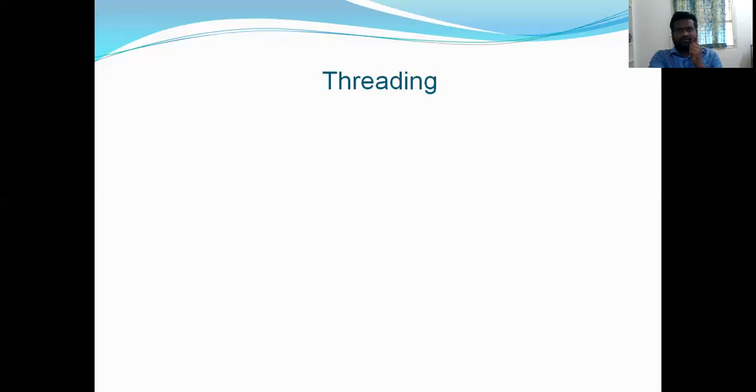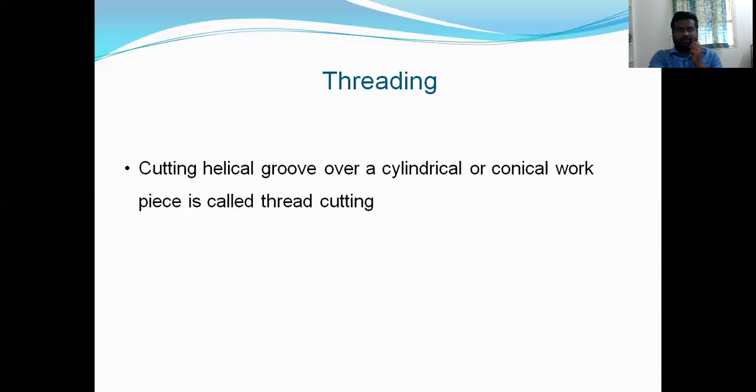Next, threading. Already we know about the threading operation, how it is done. To cut threads, we have to engage a mechanism, that is the split nut mechanism or half nut mechanism.